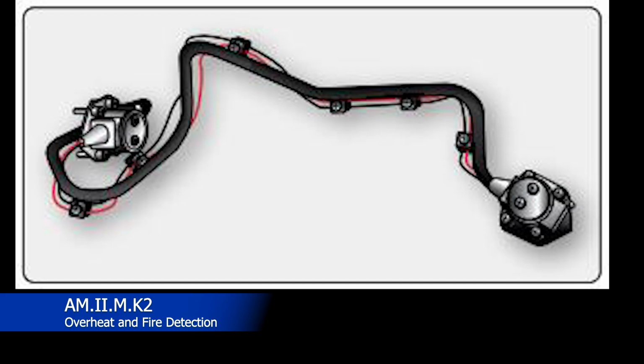Then you'll know that there's a fire. Like I said, I haven't seen these out in the wild that I can remember, and I've worked on a lot of different airplanes, so it's probably fairly rare to come across. Most common are going to be your Fenwal and Kidde systems.